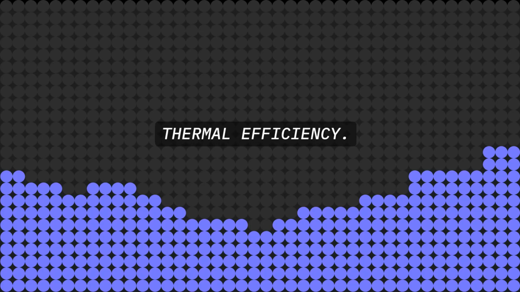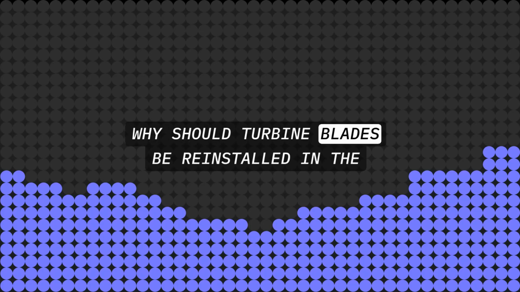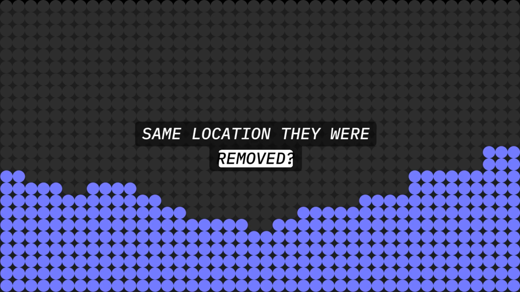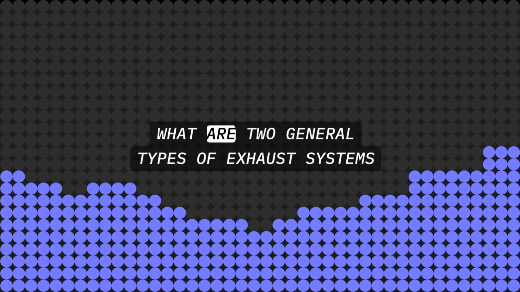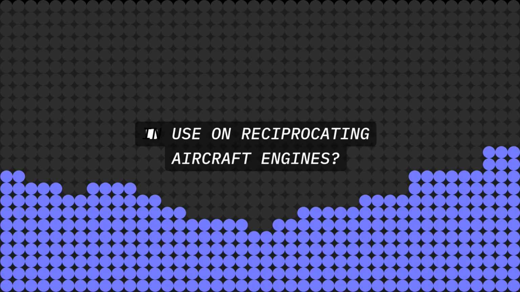Thermal efficiency. Why should turbine blades be reinstalled in the same location they were removed? To reduce vibrations.